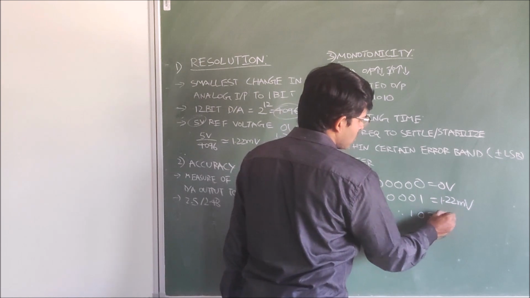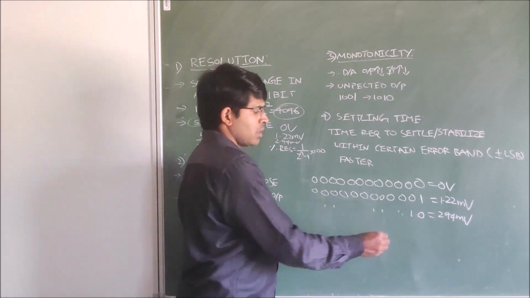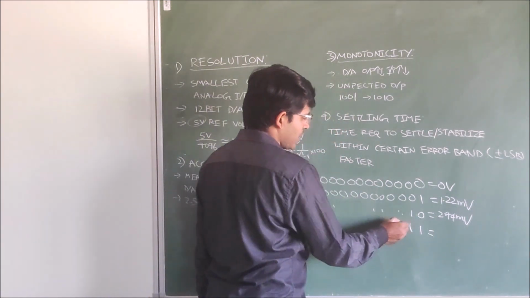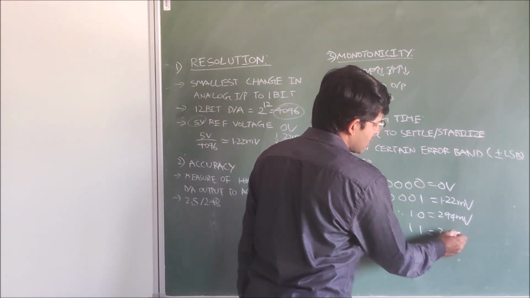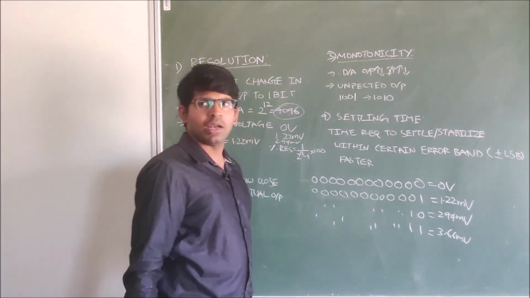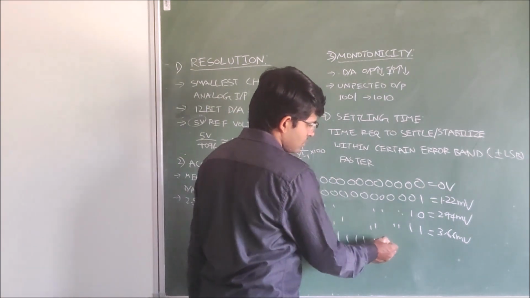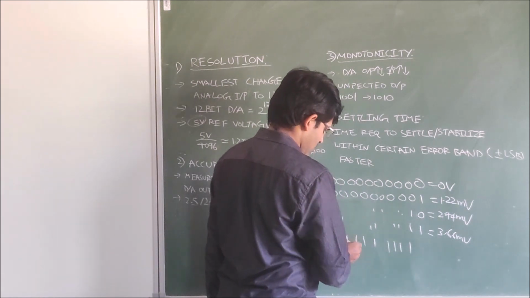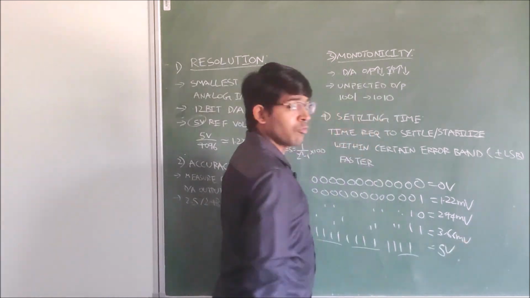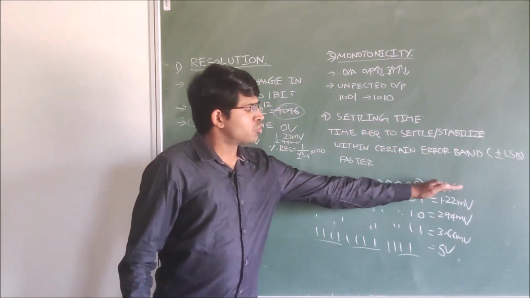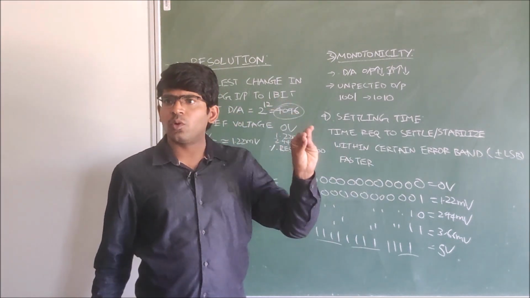The output is 2.44 millivolts. Next 1, 1, remaining all same. Then it is 3.66 millivolts. Similarly, when all of these become ones, the output is 5 volts. So how many voltage levels do we have? 4096 voltage levels.